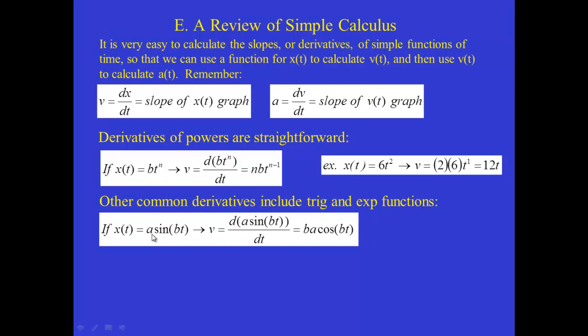If x of t is some constant a times a sine function, where there's a constant b multiplied by the time variable inside the argument of the sine, then for the velocity, what happens is we take the derivative of what's inside the parentheses first, and then the sine, when we take the derivative of the sine function, it becomes a cosine function.